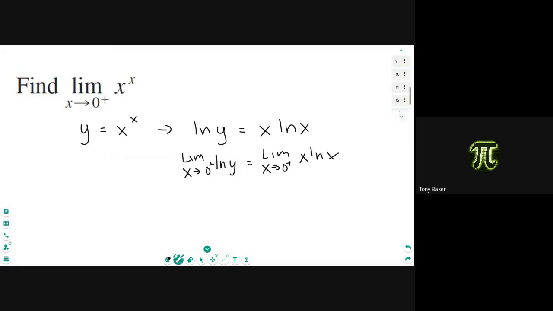One of the beautiful things is you've already done it. Don't do it again. 0. And then we have to do the e to both sides. So the limit ends up just going to e to the 0, which is what?